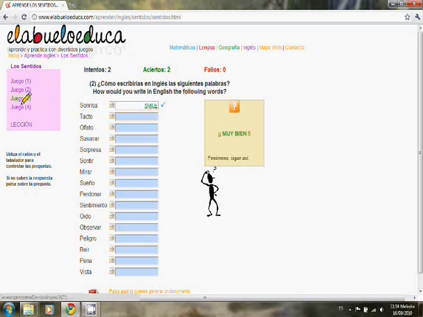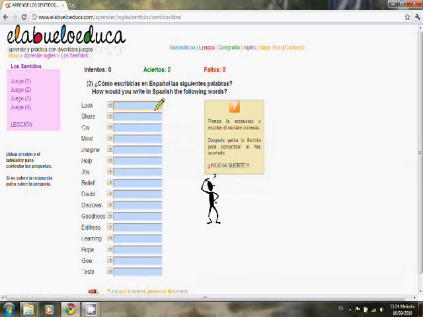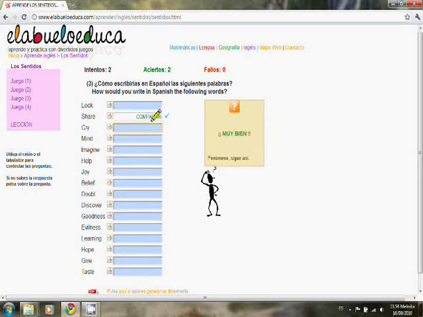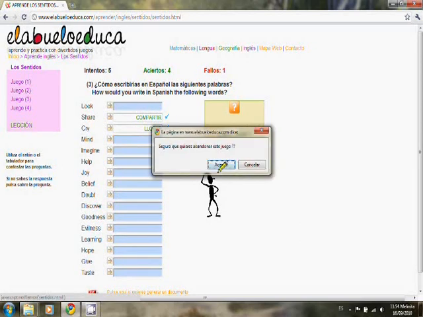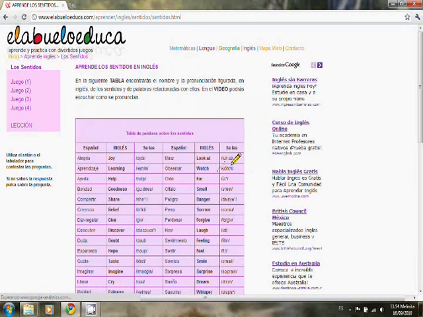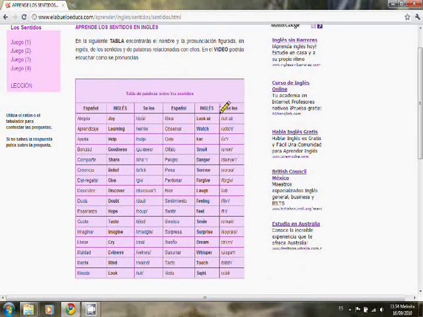And we go over here, and then we start typing in Spanish. Let's see over here. Okay. So it's just about practicing. So we can go back, and that's about it for the topic of the senses.